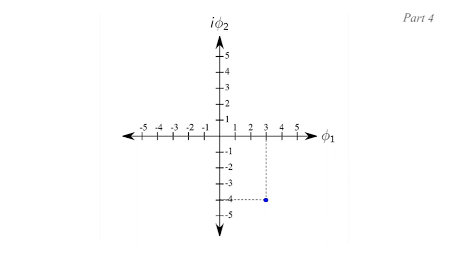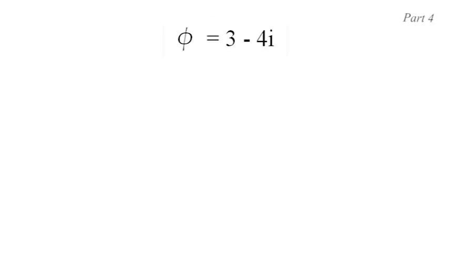Now let me remind you of some maths. For every complex number, we can write another number called its complex conjugate, where the imaginary part is multiplied by minus 1. So if phi is equal to 3 minus 4i, the complex conjugate of it, which is written as phi star, is equal to 3 plus 4i.